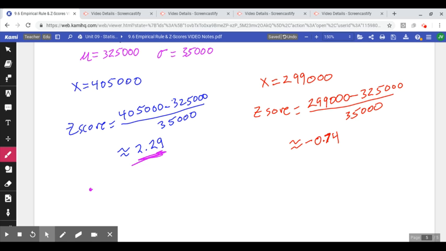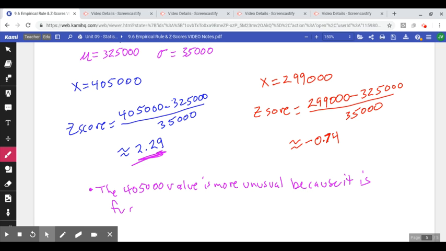So to answer the question here, we're going to say the $405,000 value is more unusual because it is further away from the mean compared to the 299.